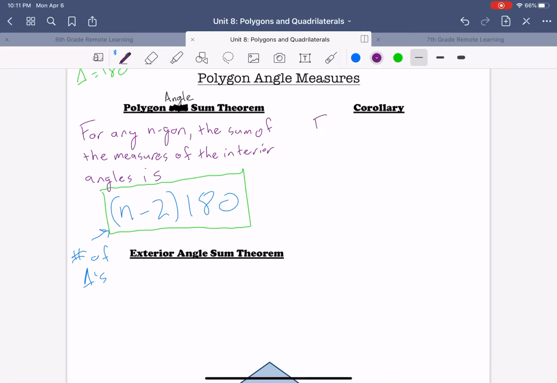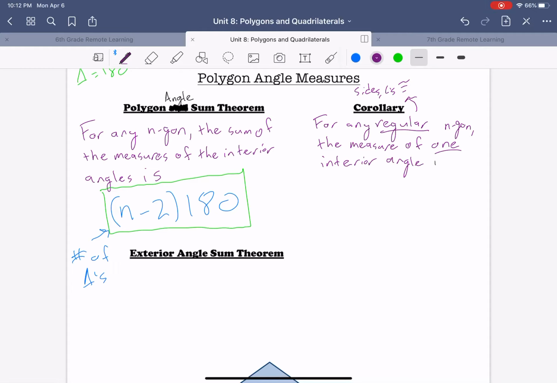And so that says for any regular, and remember regular means that all of the sides are congruent and all of the angles are congruent, for any regular n-gon, the measure of 1 interior angle is, and let's think about this.